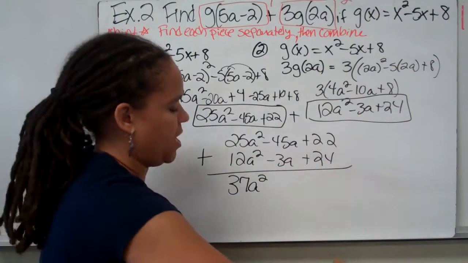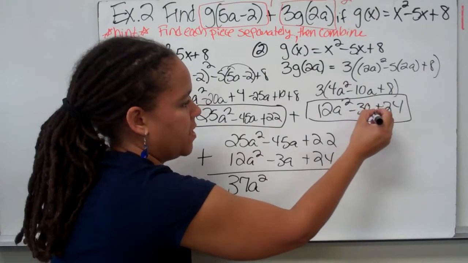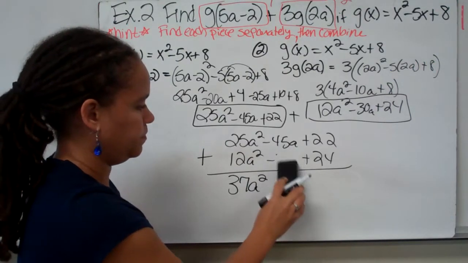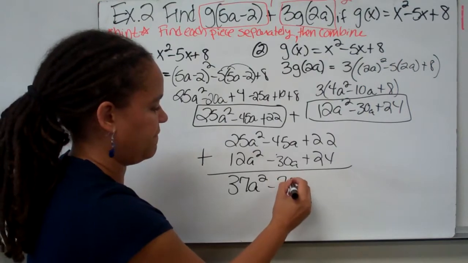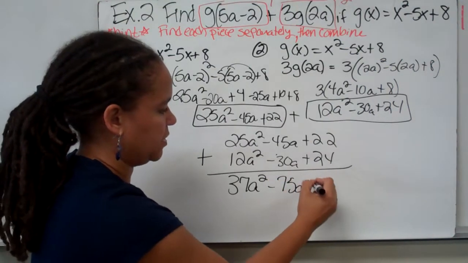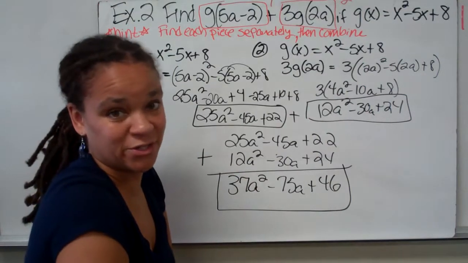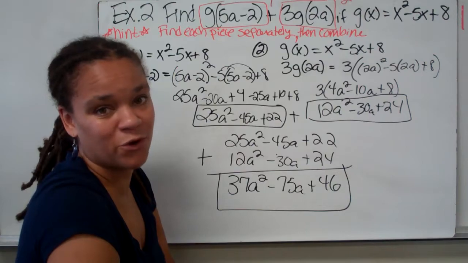That should be a 30a. Maybe you caught that. That should have been a 30a. That looks better. So minus 75a, and add those together, we should have plus 46. So this should be your final answer. You may need to watch that one again, but remember, you are responsible for your own learning.